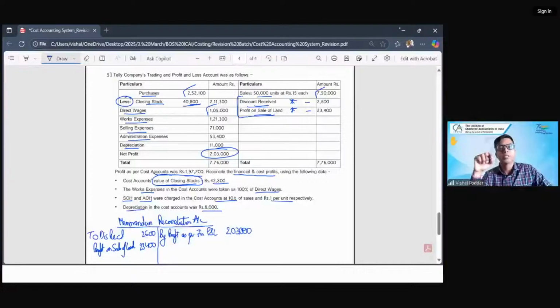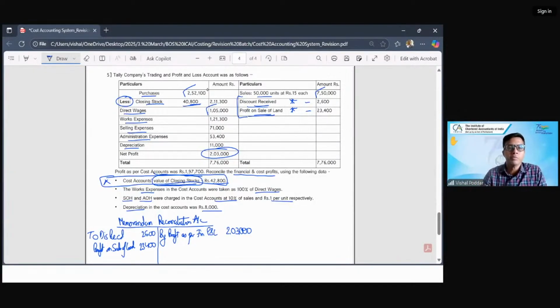Here, since the closing stock value of costing is given, you will not be required to prepare a cost sheet. Had this data not been given, we would have been required to prepare the cost sheet.